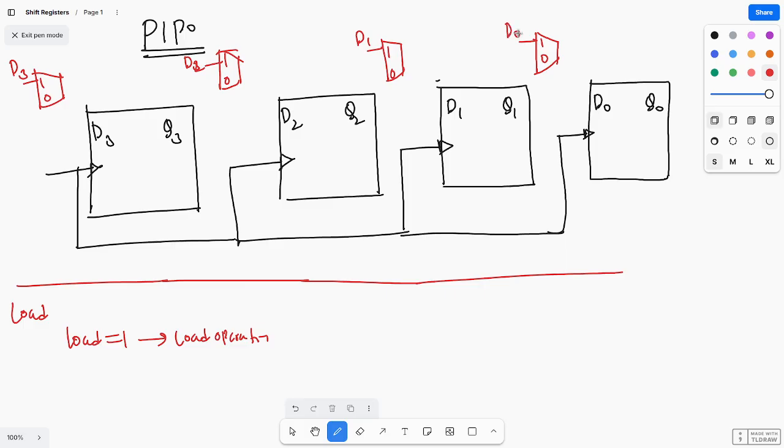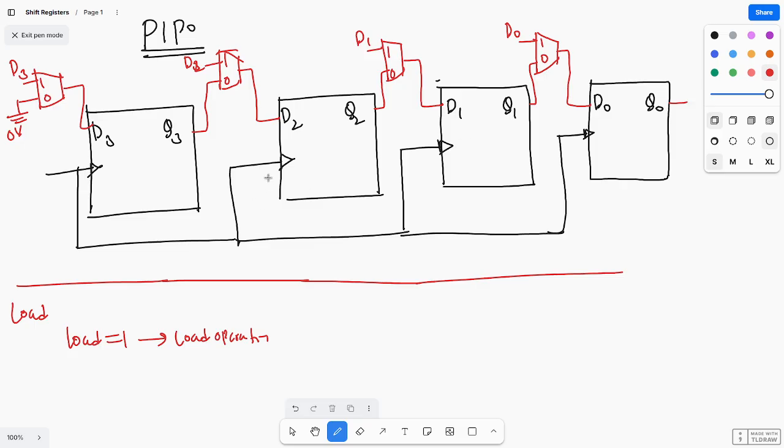The first input I0 is connected to ground, and the mux output is given to the D input of the flip-flop, and so on for each stage, with the last output going to D0.